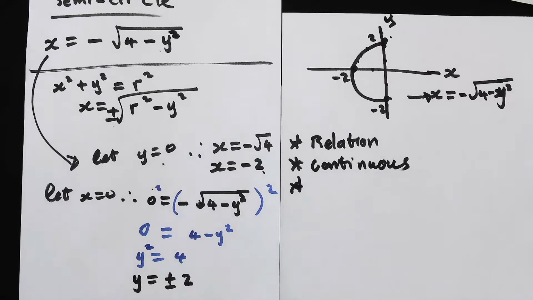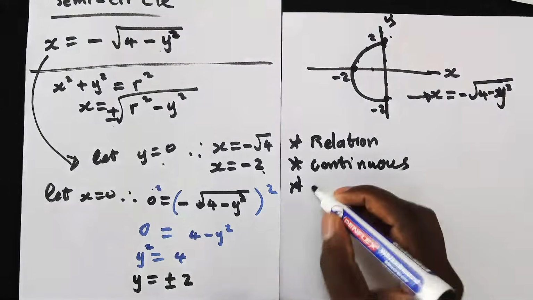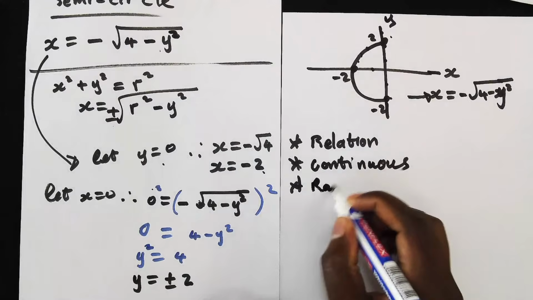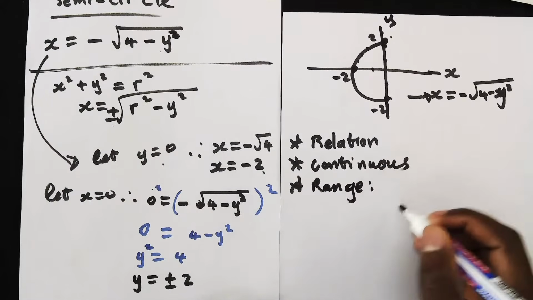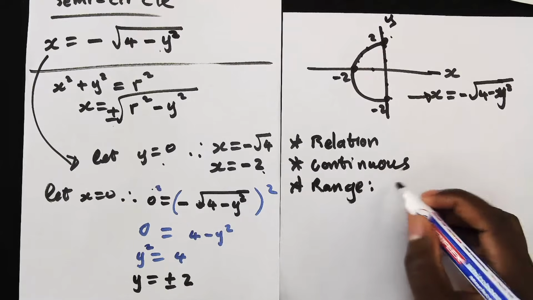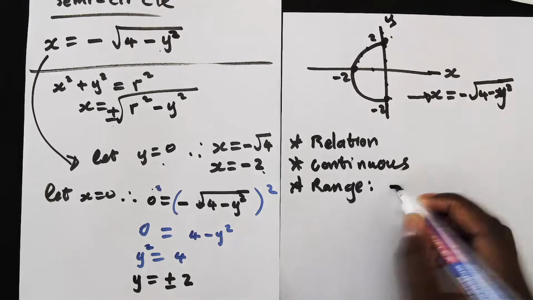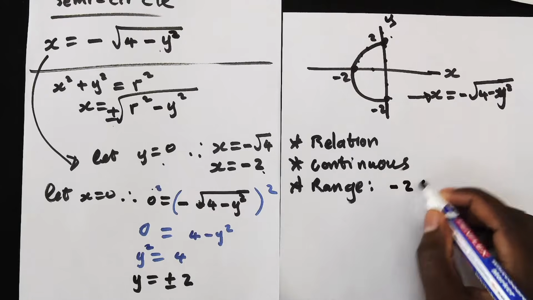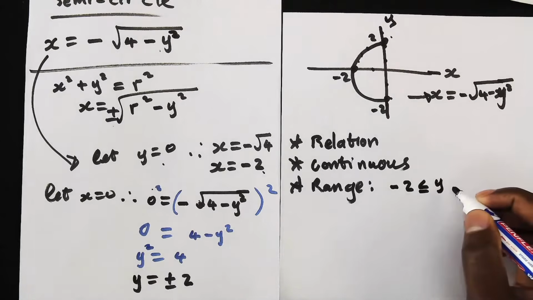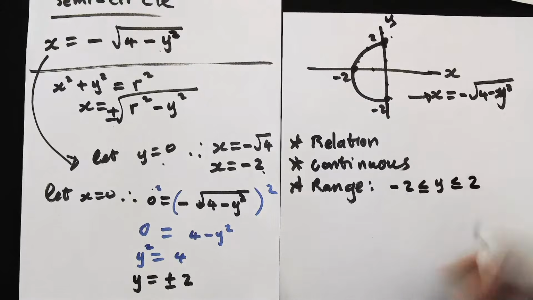Okay, the other one that we have to answer is the range. The range gives the y values, right? So y must be greater than or equal to negative 2 and less than or equal to positive 2.